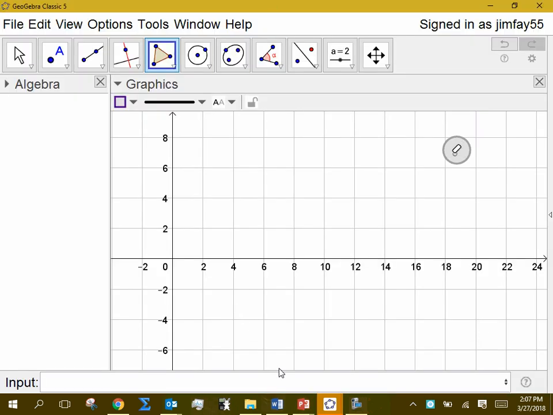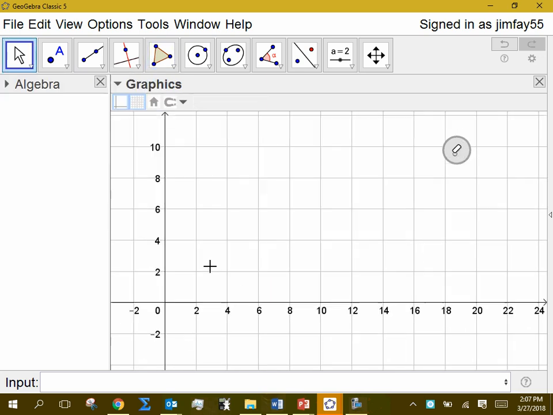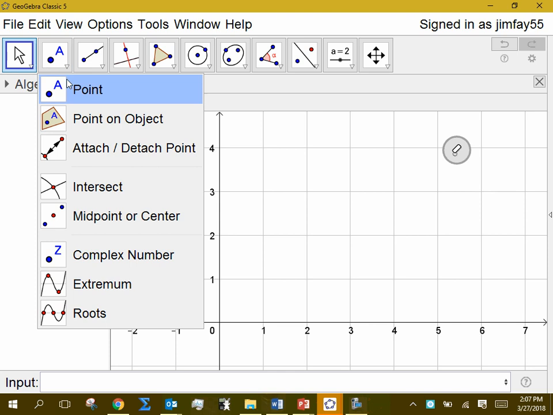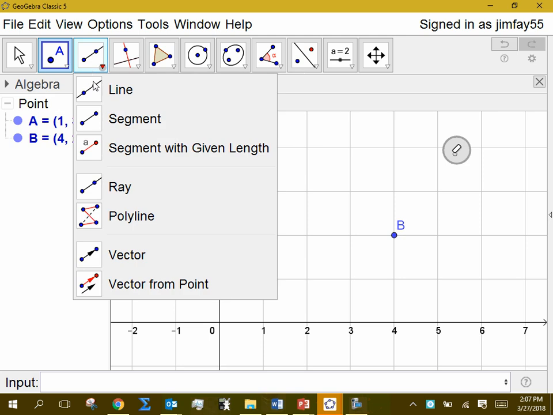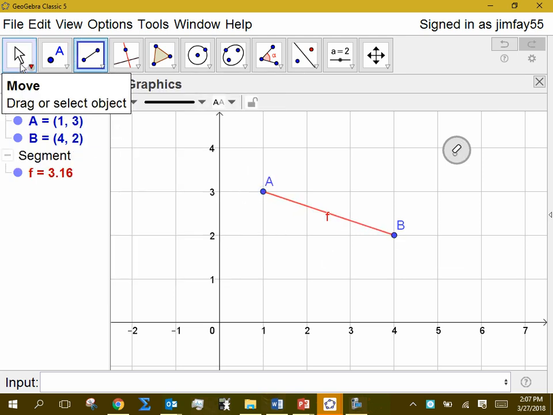So I'm going to start off with our first question here, just dilating a segment. Let's take a point at 1, 3 and a point at 4, 2. We're going to take that red segment and dilate it.